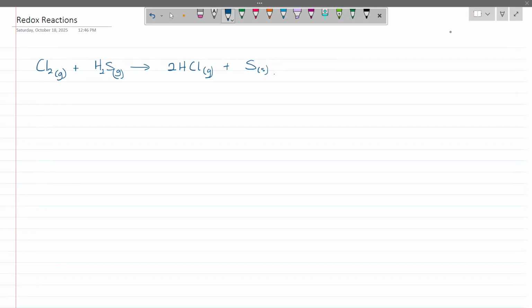All right. So we want to identify: is it a redox reaction? We also want to identify what or who is oxidized and who is reduced.